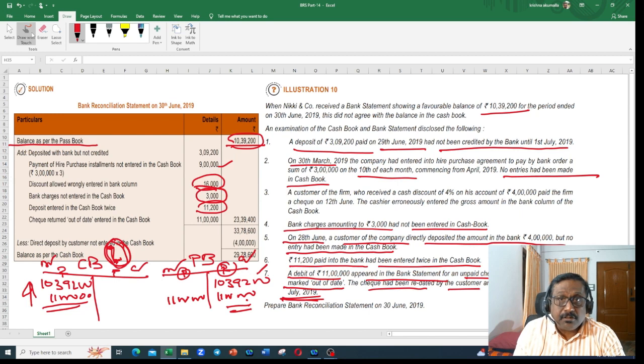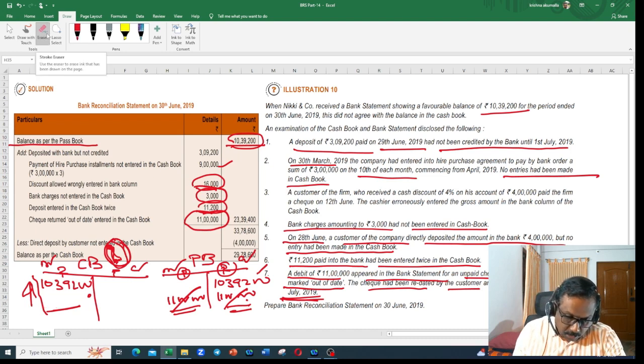Then the banker understood that this is an out of date check and immediately debited it in the passbook. So this and this got cancelled and there is no impact in the passbook now. But we did not rectify this 11 lakhs in our cash book. Because of that, the question mark balance got increased. Since the question mark balance got increased, you need to add this 11 lakhs. That is the reason 11 lakhs is added here. Are you clear?